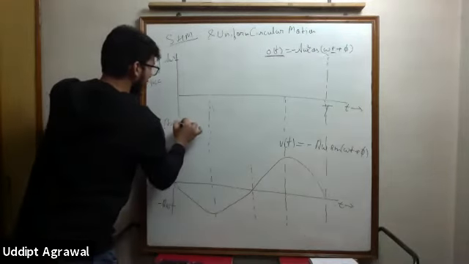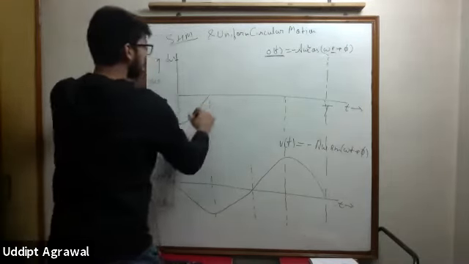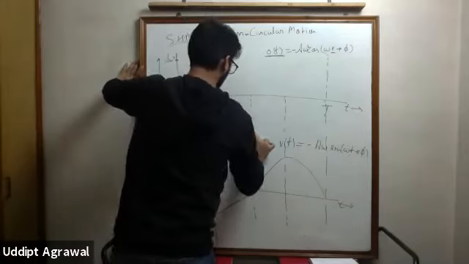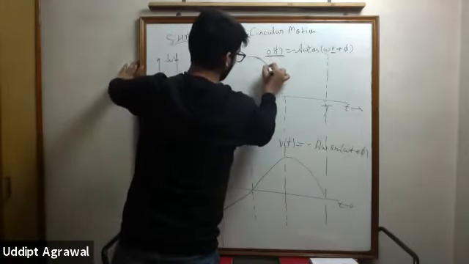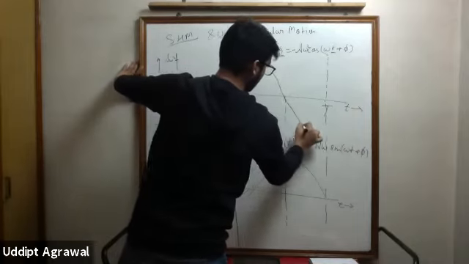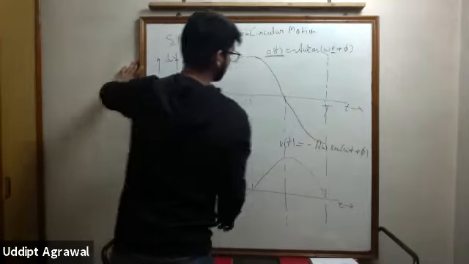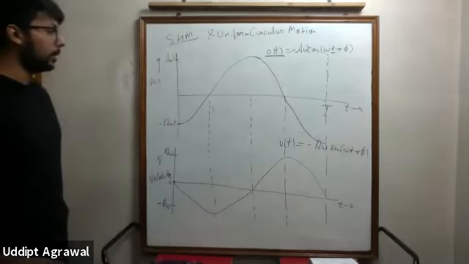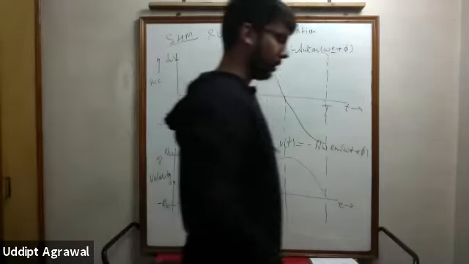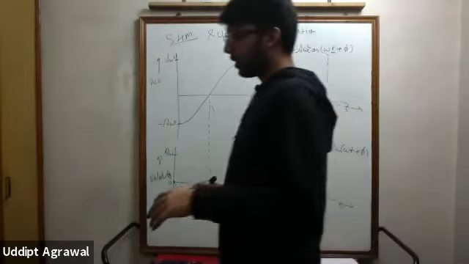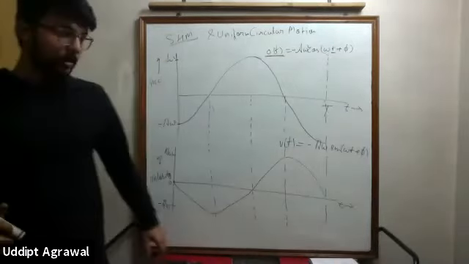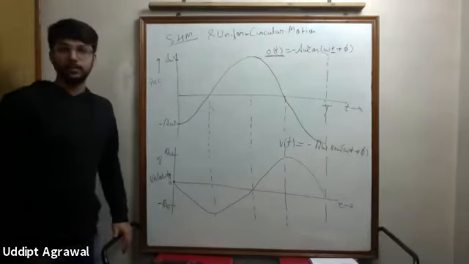So it starts from here and goes like this. Somewhat like this. It'll probably look better in your notebooks, hopefully. My board is really small, so it becomes a task to fit in so many different things.